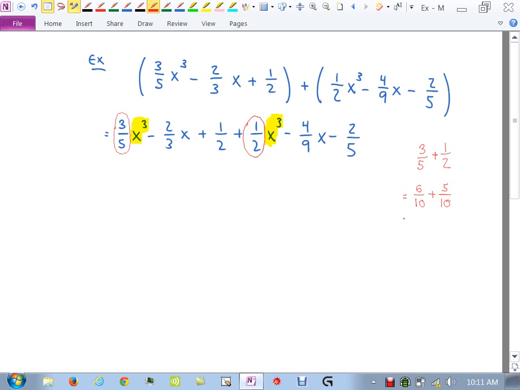Now that we have the same denominator, we can add straight across. 11 over 10. This over here was just me doing my scratch work on the side, right? I'm adding 1/2 and 3/5 together. I know when I add those, I get 11/10. So 11/10 is the new coefficient in front of x cubed.